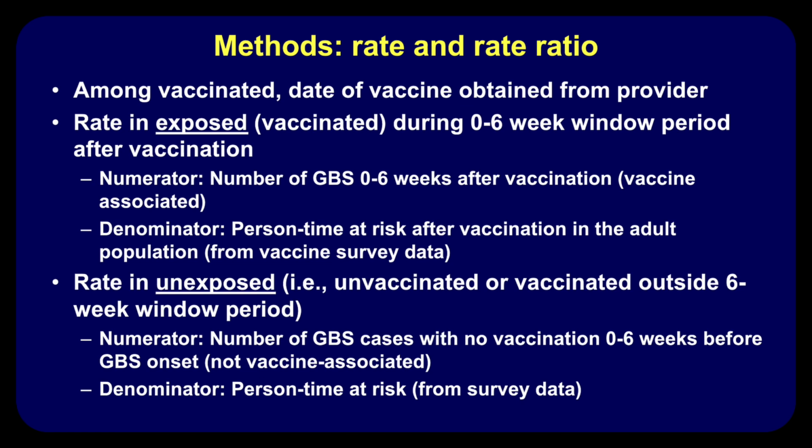And then the rate in the unexposed population, those who were unvaccinated or those who were vaccinated outside that 6-week window, we used as the numerator the number of Guillain-Barré syndrome cases with no vaccination 0 to 6 weeks before Guillain-Barré syndrome onset, and as the denominator, the person time at risk in those who were unvaccinated from the survey data.